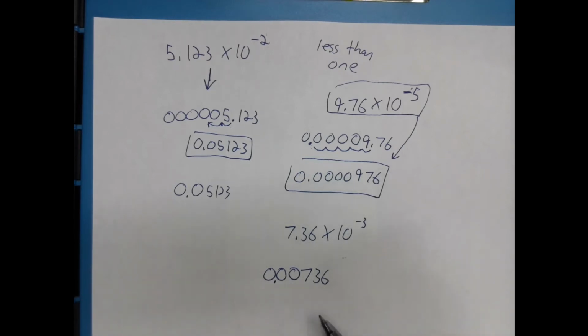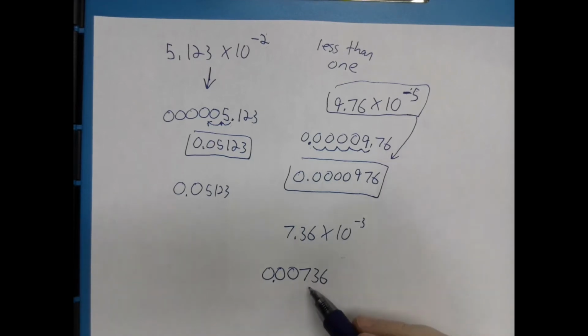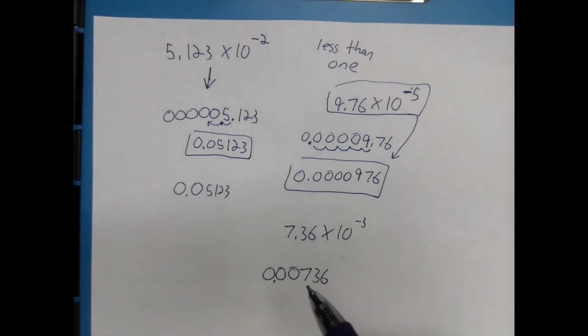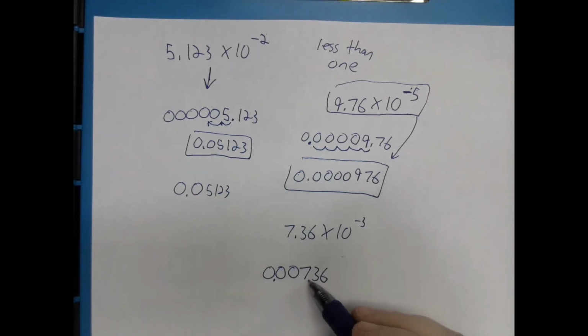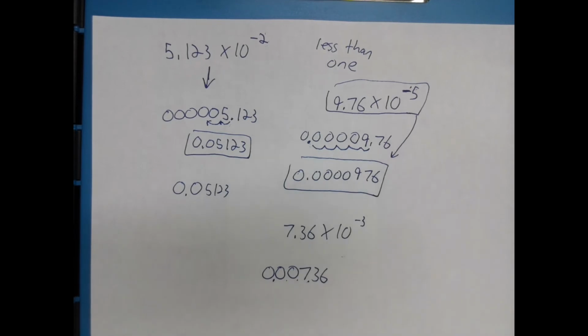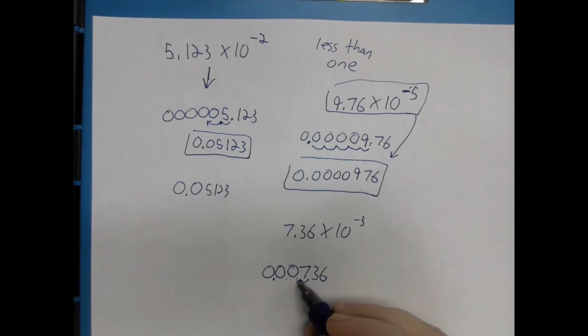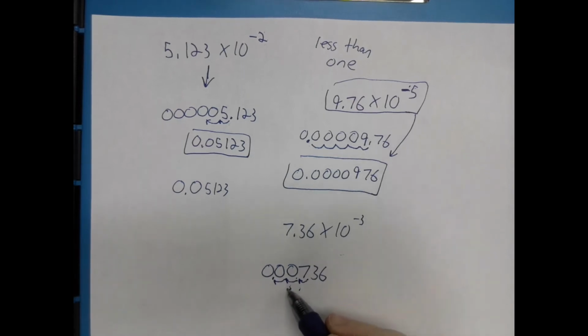When you're going from scientific notation to standard notation, we can count to make sure. After you do this, I count to make sure. So we're going from here, 1, 2, 3.